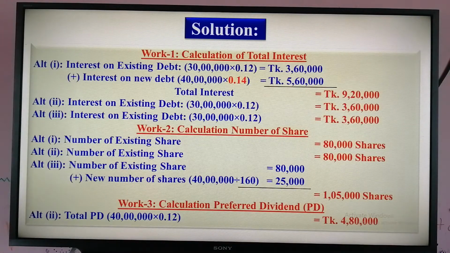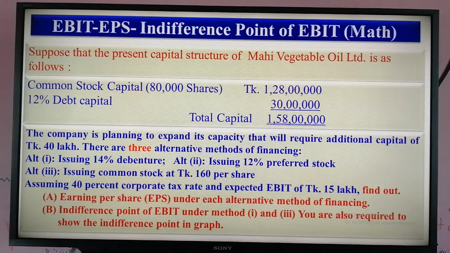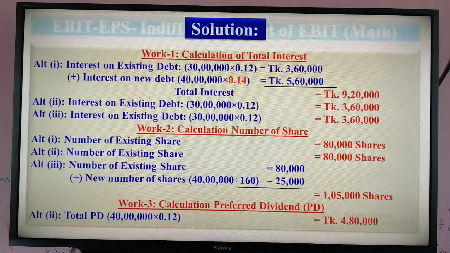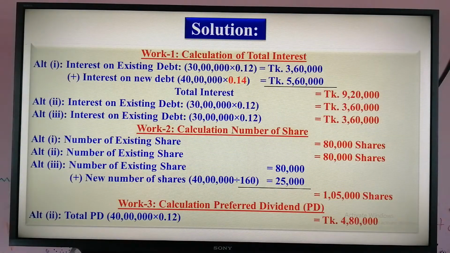Alternative 2, preferred stock, so no interest. Alternative 3, common stock, so no additional interest. Only alternative 1 has additional interest. So look, interest on existing debt 3,60,000. So the three costs of interest have been calculated.